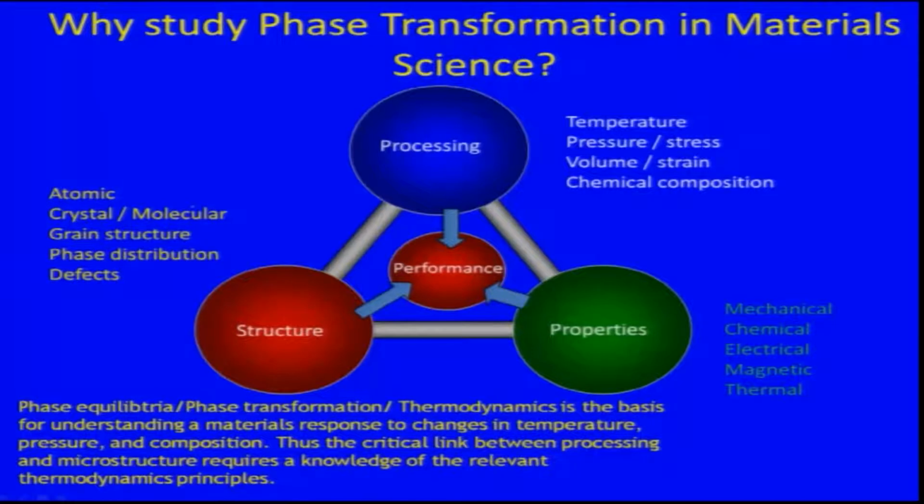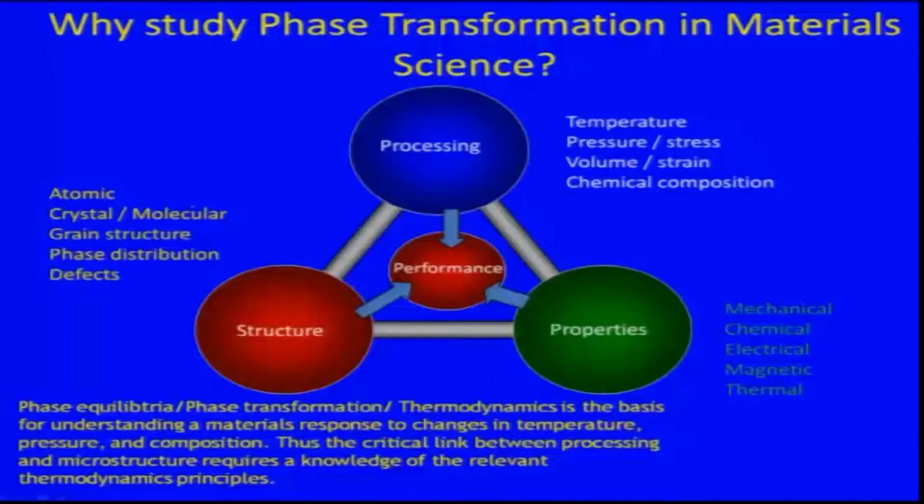If I put a tire in your car, the major performance is that the tire should be able to take the car from one place to another without any problems. But you know, tires will vary from summer to winter in foreign countries, and the tires which will travel on ice are different. So, that means performance is actually connected to all these three things: processing, structure and properties.